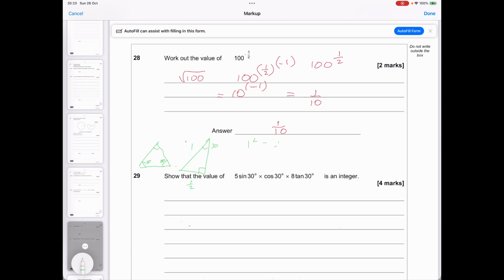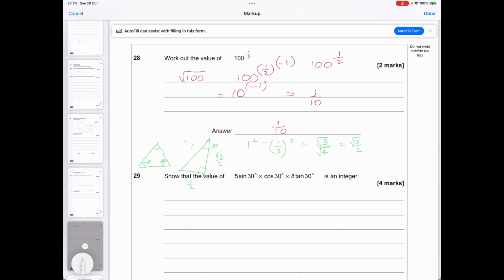So 1 squared minus a half squared equals the adjacent squared, which would be 3 over 4, and it's the square root of 4, it's the square root of 3, so that's root 3 over 2.